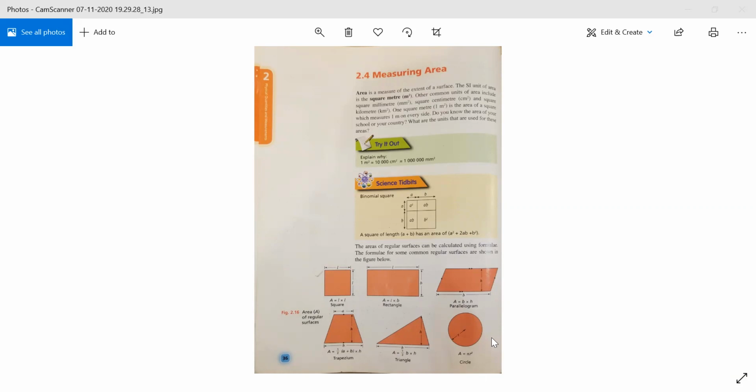But if we want to know the area of a circle, first of all we should calculate the radius of the circle.